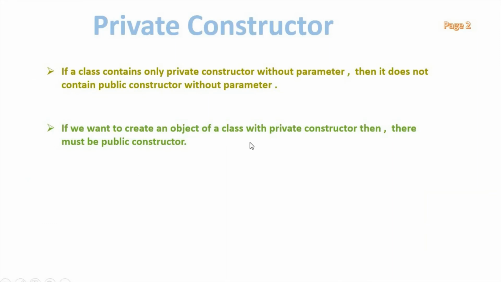In this way, if we want to create an object of a class with a private constructor, then there must be a public constructor. But if the private constructor is without parameter, then the public constructor should not be without parameter. It should be with parameter. Then only it is possible.